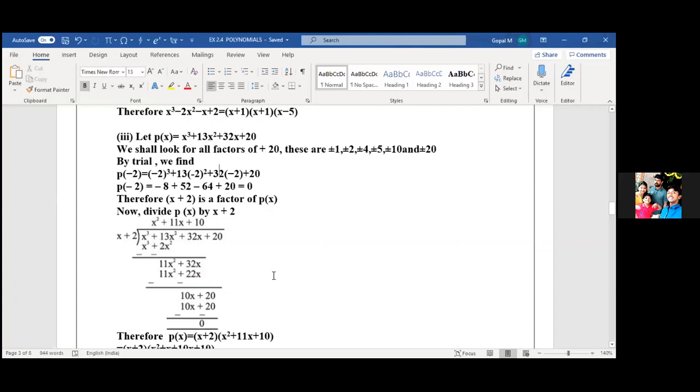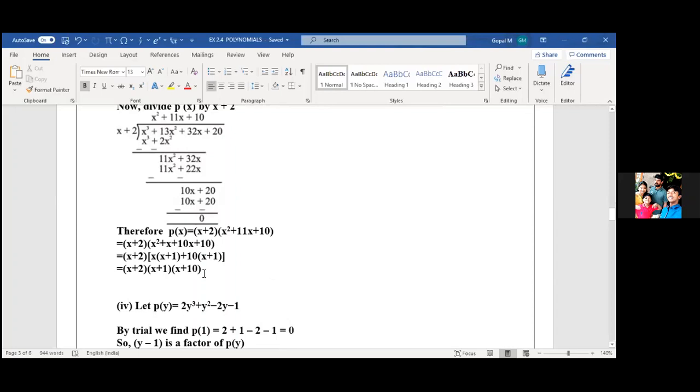But final factors are these 3 finally. If you get x plus 1 as a first factor, later you'll be getting x plus 2 and x plus 10 at the last. If you get x plus 2 as a factor in the beginning, these two will come at the last. That's the only difference. Am I clear?